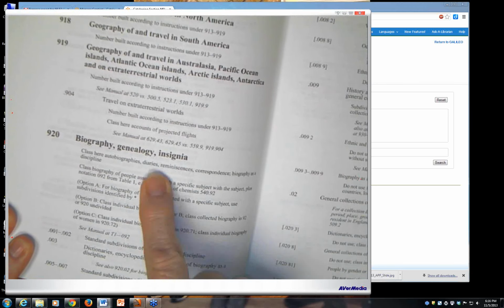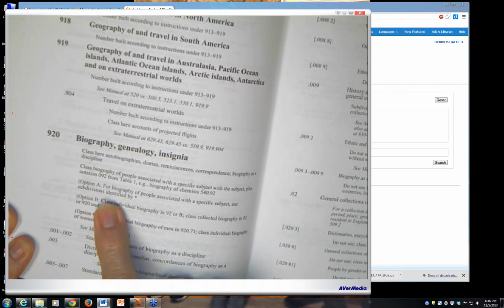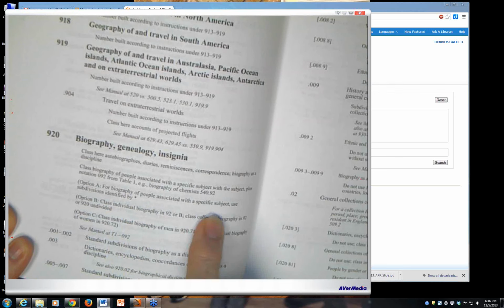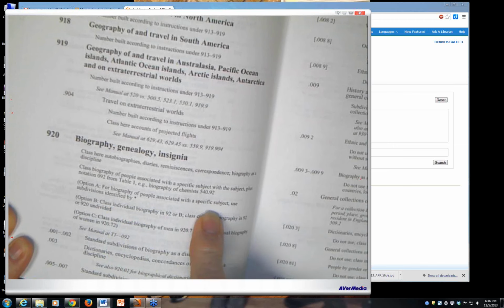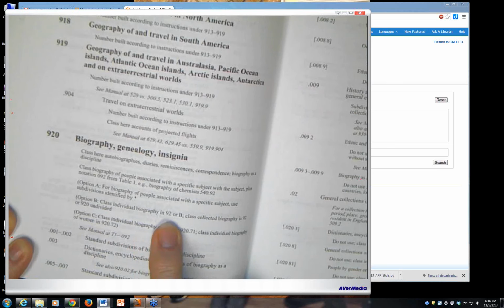There's a breakdown here that tells you where you can class biographies. Option A is to put the biography of the person with the subject. So you would put Michael Jordan probably in with the basketball number. Option B, class individual biography in 920, just plain old 920, or use a B to stand for biography.